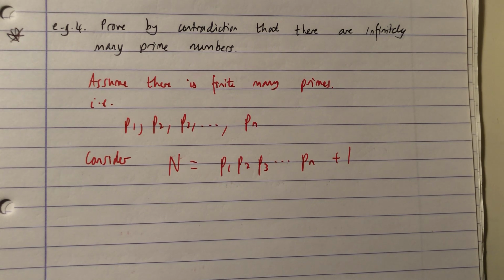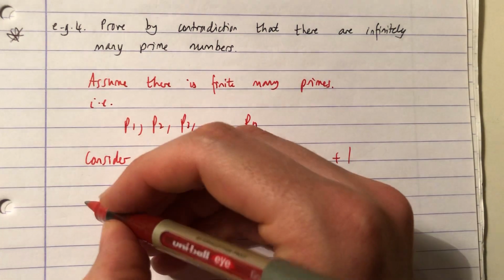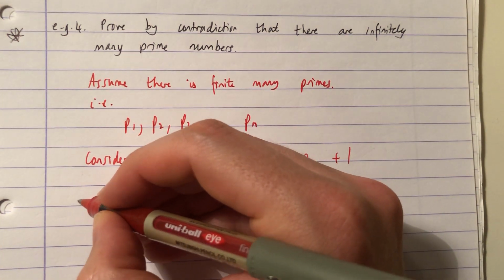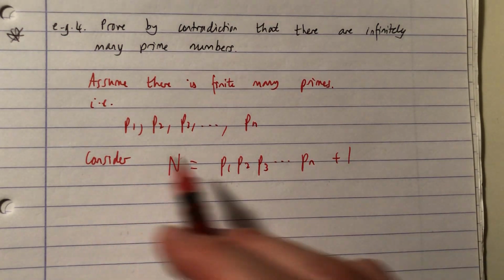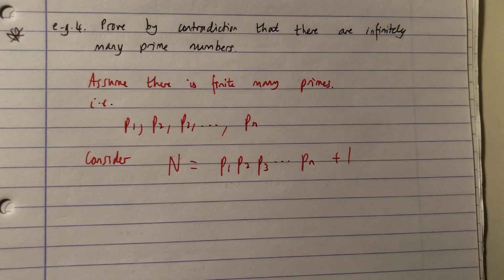If you took the number which was the product of all of the primes that you think are in this list, and you add 1 to it, then if you go one by one and divide this number, n, by each prime number individually, there'll always be a remainder of 1.